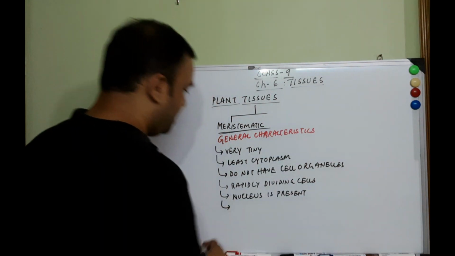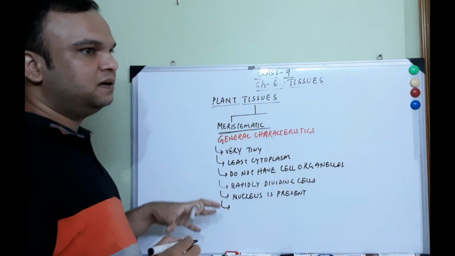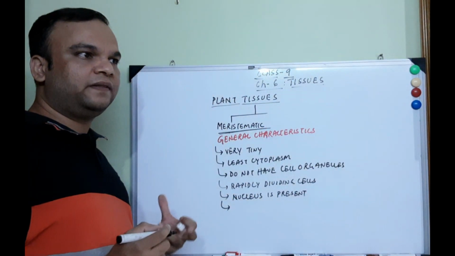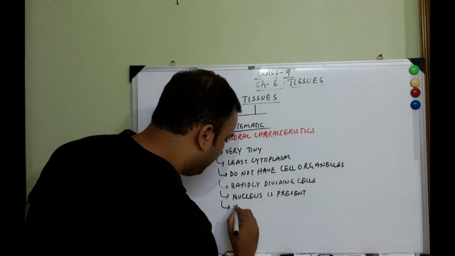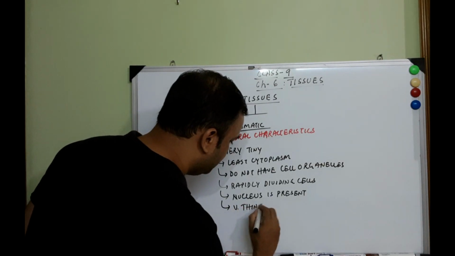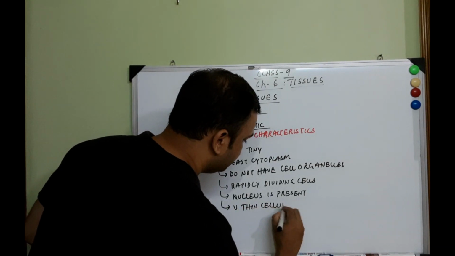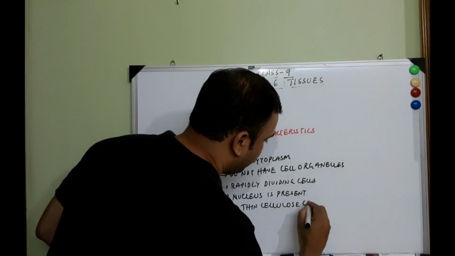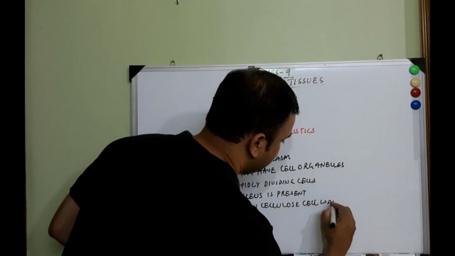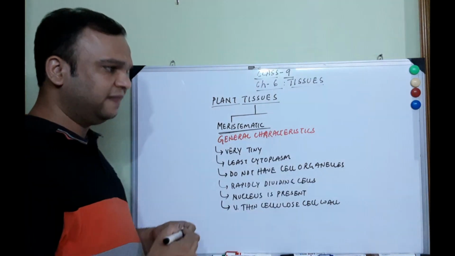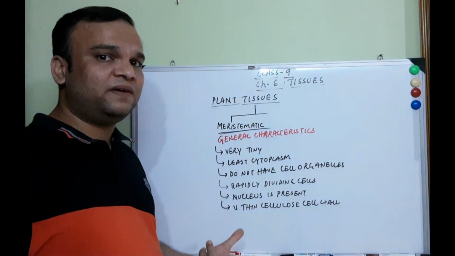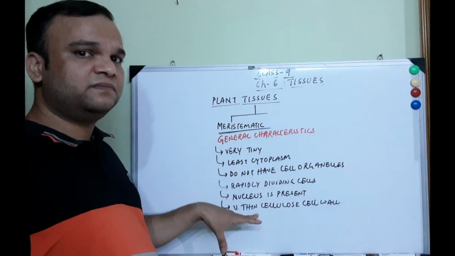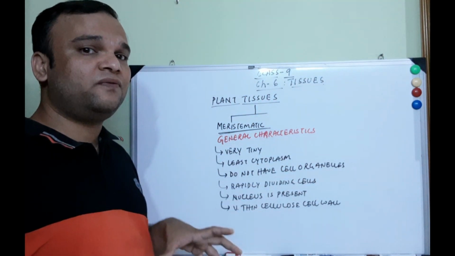Next, cells of the plants actually have a cellulose wall around them, and it makes the plant cells tough, right? But they have a very thin cellulose wall, and that is why they are highly flexible. Generally plant cells are very tough, but these meristematic tissues are very flexible.